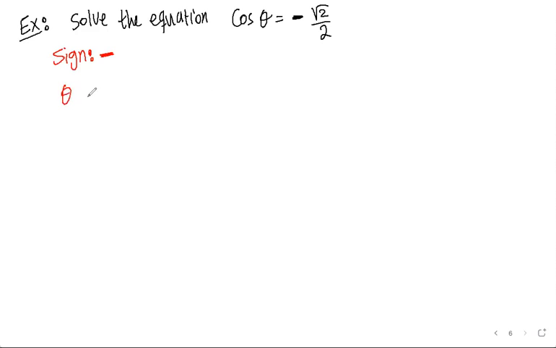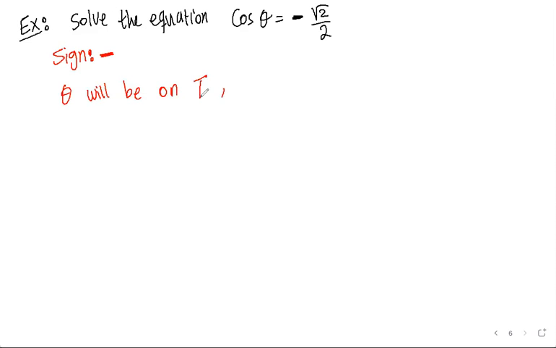So theta will be on the first quadrant, and no, not in the first quadrant. The first quadrant will not be negative. It's 2 and 3, right?